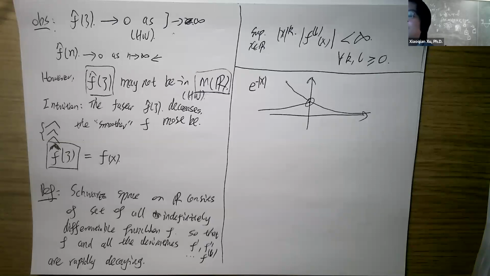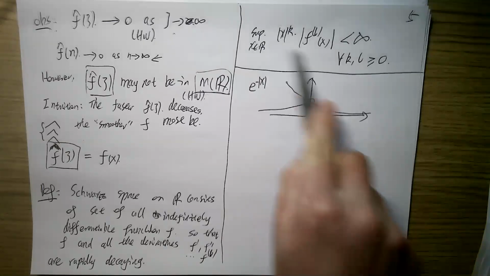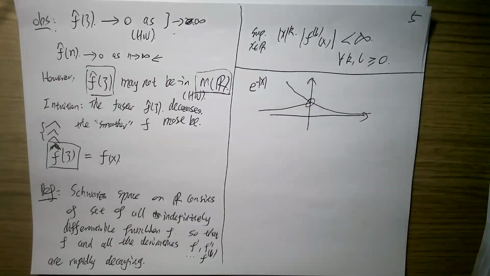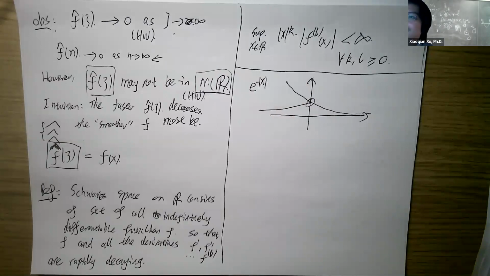But the problem is, where do you get the decay of such a function? From the 1 divided by 2 to the power of something. But then that function may not be continuous, right? Why would it not be continuous?